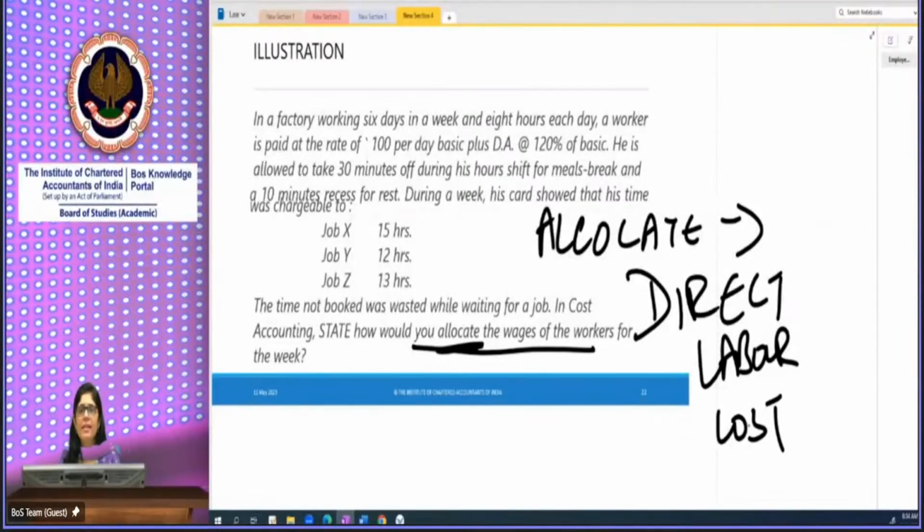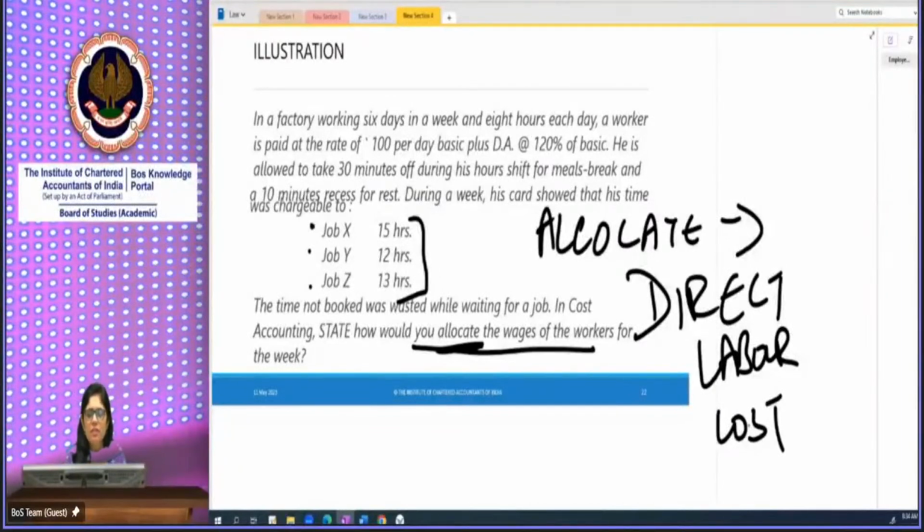We exactly know. Allocate means we exactly know how much is for product A, how much is for product B, how much is for product C, or how much is for job X, job Y, job Z. We know exactly how much time they have spent. That is why it is direct cost. When we don't know exactly how much time we have spent, that is indirect. Direct labor cost means we know exactly how much time a worker has spent on that particular job.